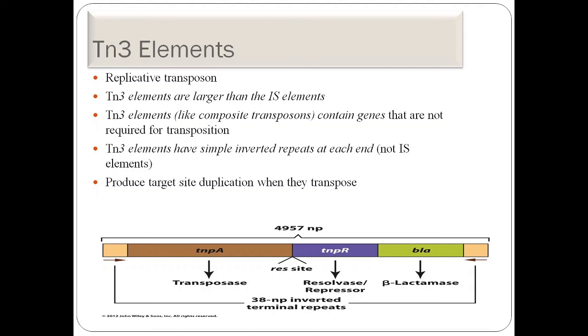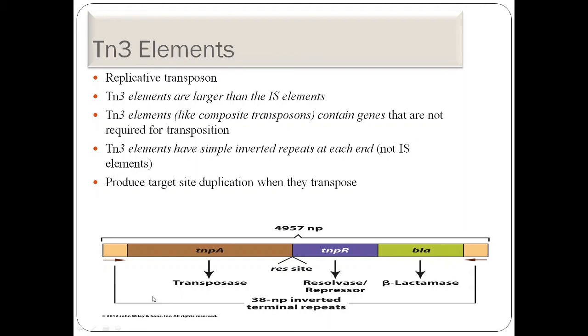Three genes are always important in the Tn3 element. Which genes are important? You can see over here, the transposase gene is important, that is tnpA. Resolvase, or repressor, we can say tnpR, and bla, that is beta lactamase.